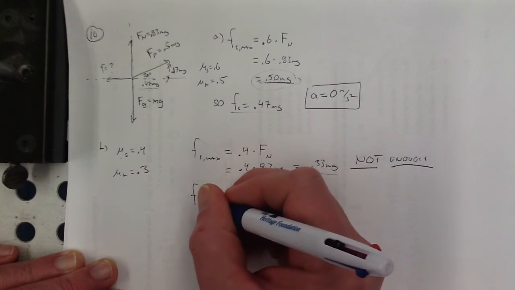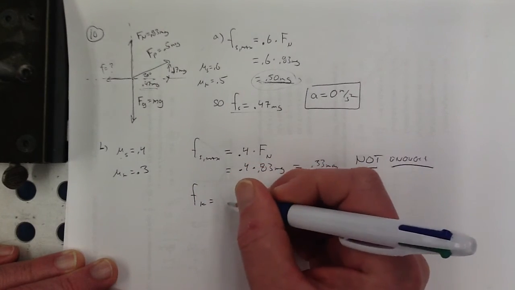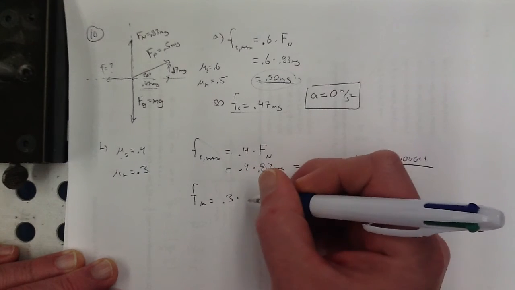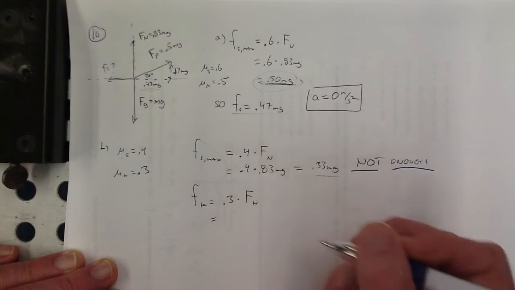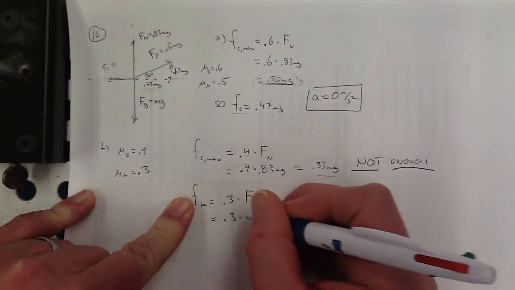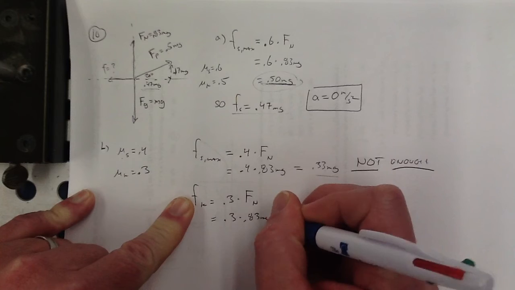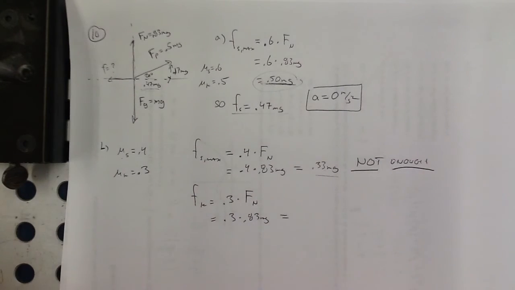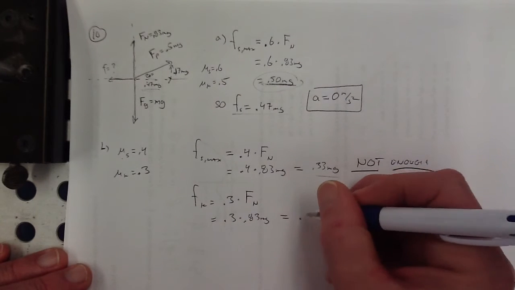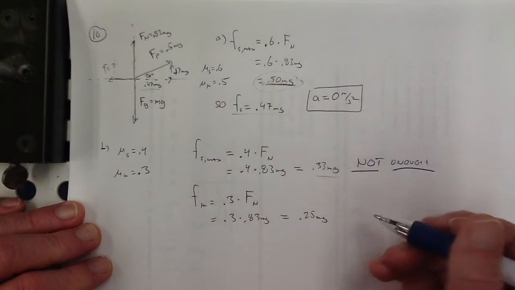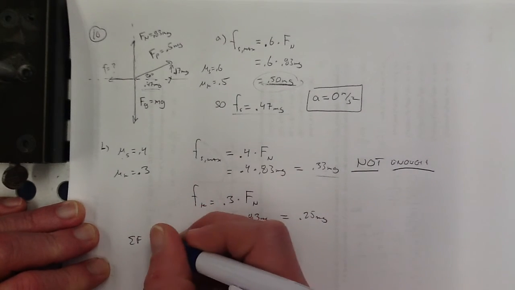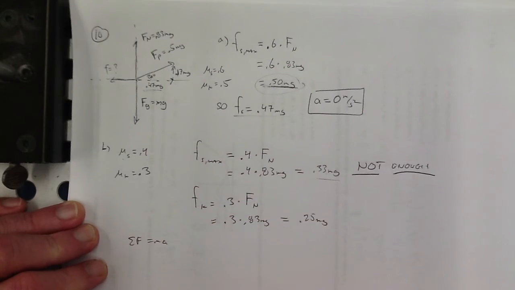It means that we have to go to the kinetic model. So that's the kinetic coefficient times the normal force. So how much is there going to be? What's that going to be, 0.25, I suppose. 0.3 times 0.83 is about 0.25 mg. And then now I can write my sum of all forces is equal to mass times acceleration.